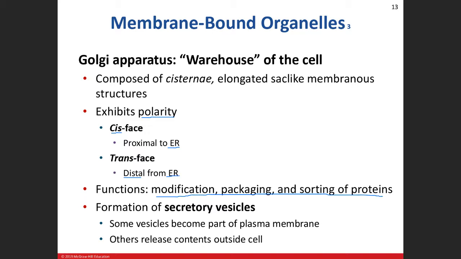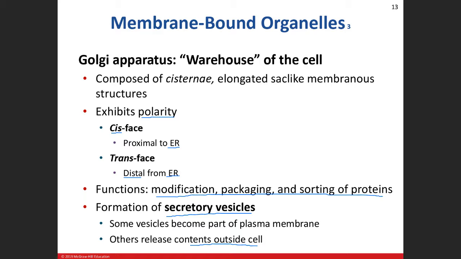These vesicles specifically are known as secretory vesicles because they are going to either release their contents outside the cell, say a hormone like insulin, a perfect example, or these vesicles will fuse with the plasma membrane because maybe we're trying to repair the plasma membrane or add some things like receptors into it because we want to upregulate a certain function of the cell.